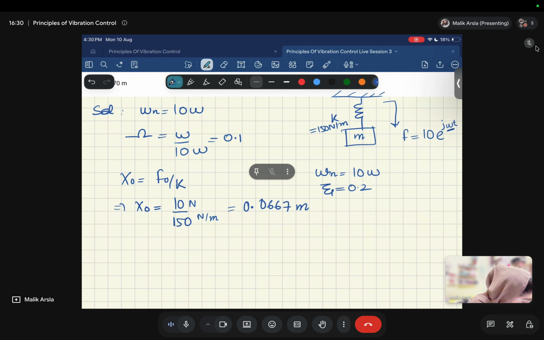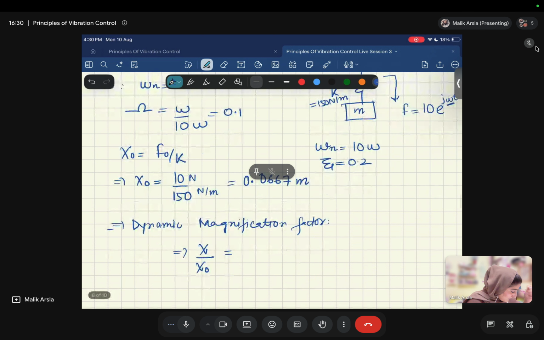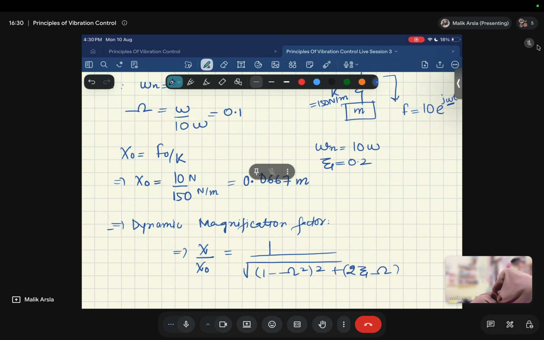So we know that the dynamic magnification factor, which is the output upon the input amplitude, can be written as 1 upon under root of (1 minus omega square) whole square plus (2 zeta omega) square, right?